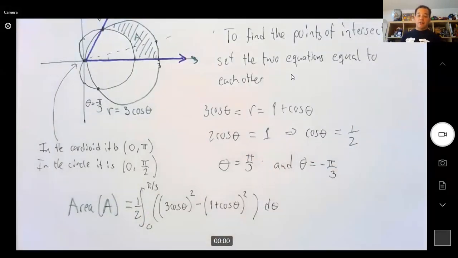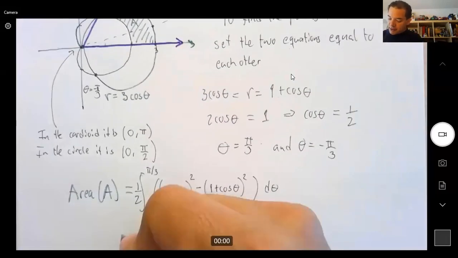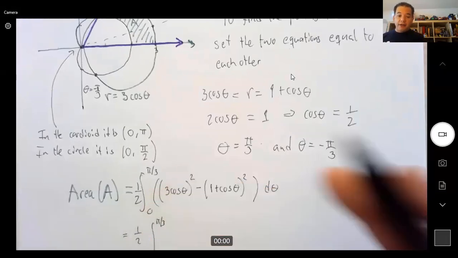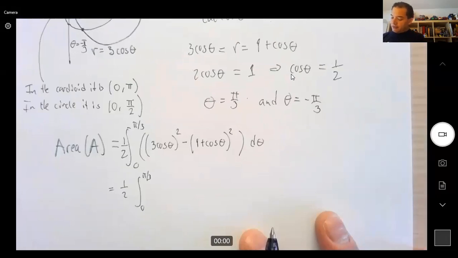This is the calculus part, the new part that we learned. The rest is just to do this integral, right? So that's that. This next part should be routine for you guys, because we spent a lot of time honing our integral skills, right? So we need to square these.